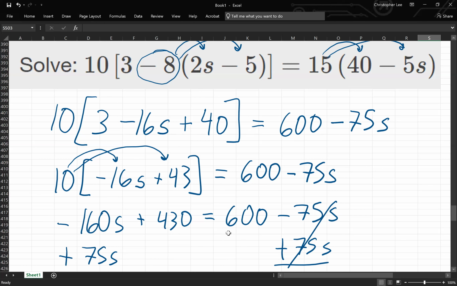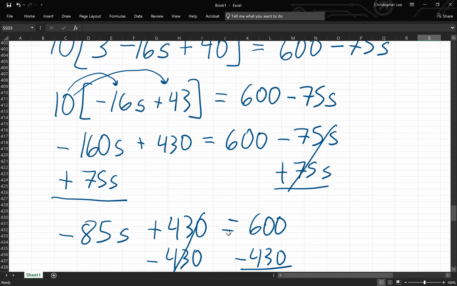Yeah, that's fine. That works. And then you would distribute the 10, so you'd have -160S in parentheses plus 430, and then boom. Putting in parentheses just makes it seem more perfect. It's not bad.